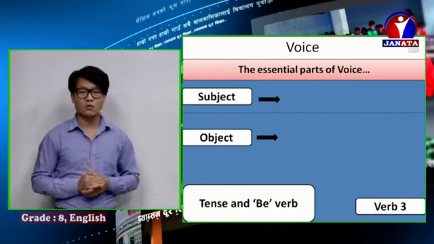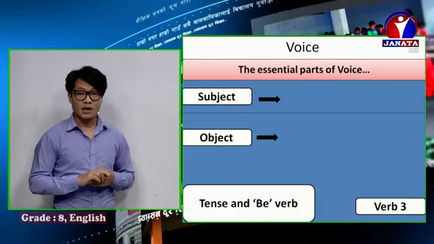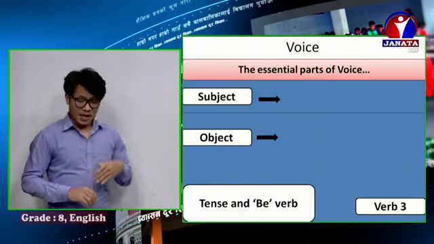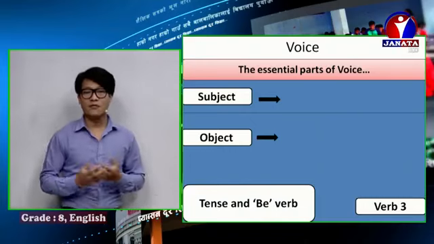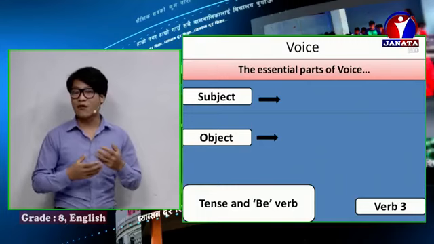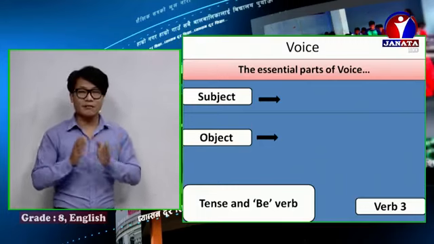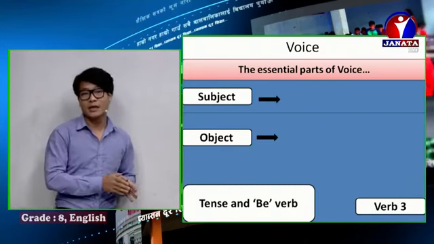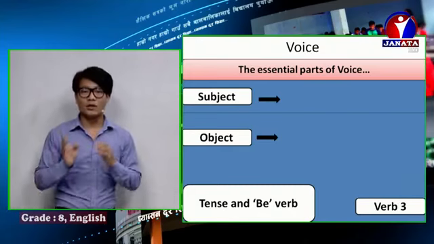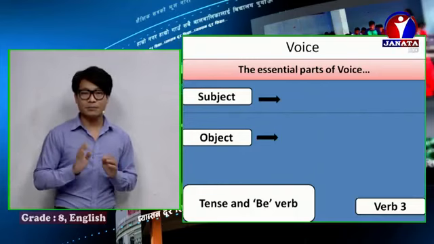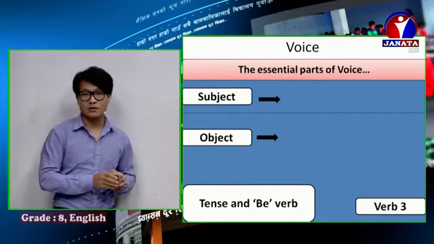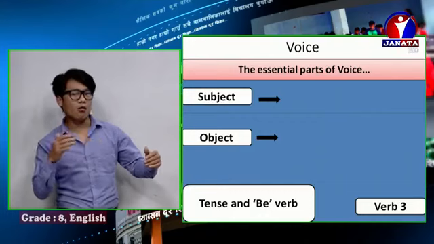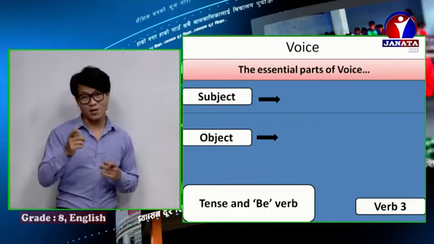So we should know how to change it and what the be verb is. And others are obviously subjective and objective case, and the types of sentence. These are very important. Even the big subject, even the other verbs which do not take by preposition in passive voice. So we will know all this, then we will start voice.